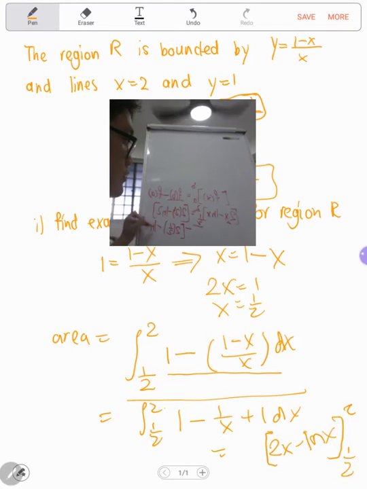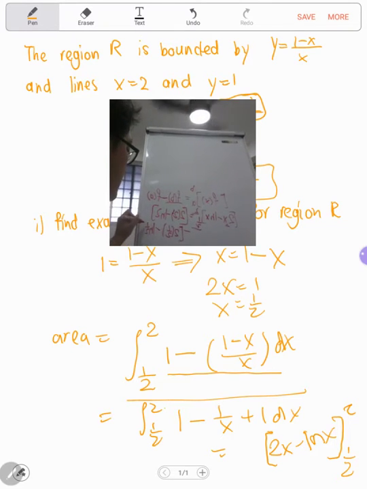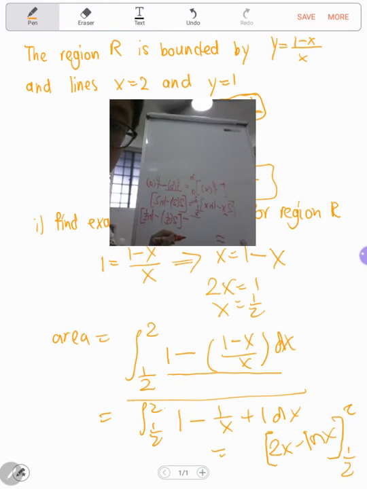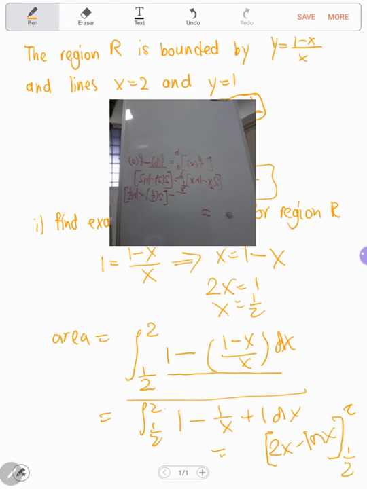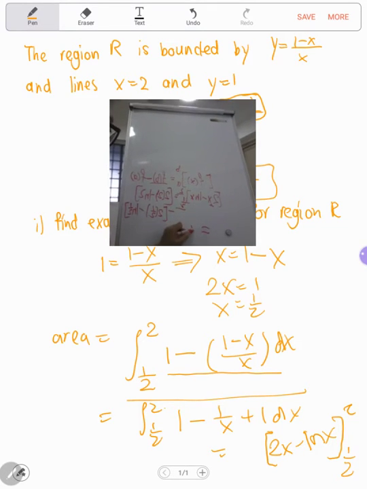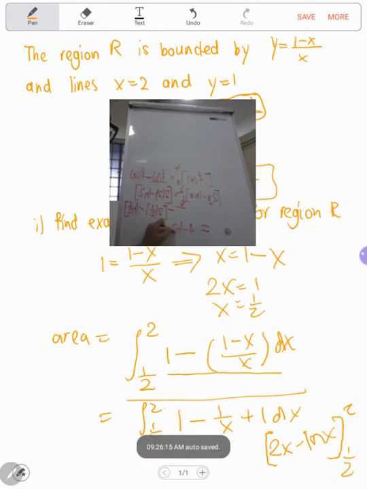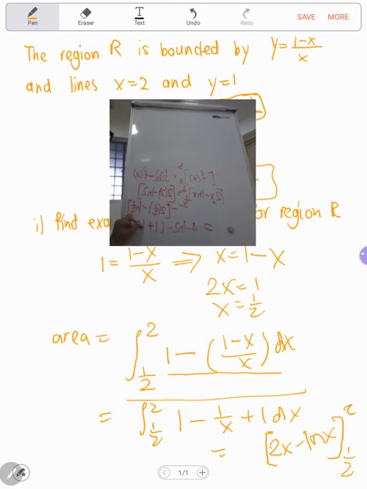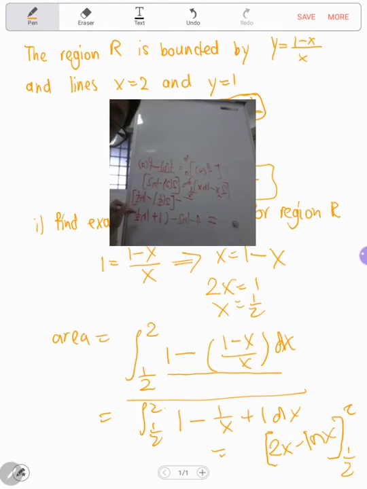So we have 2 times 2 is 4, minus ln 2, minus 2 times half is 1, minus times minus is plus, so plus ln half.